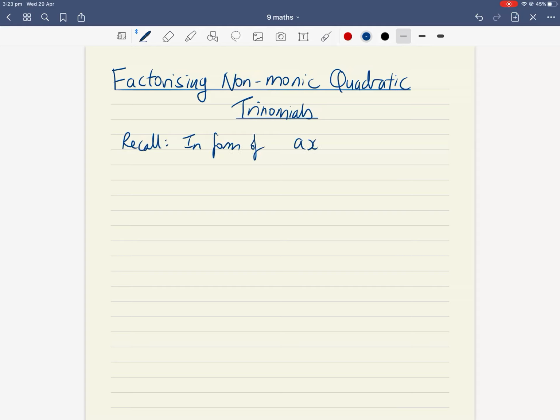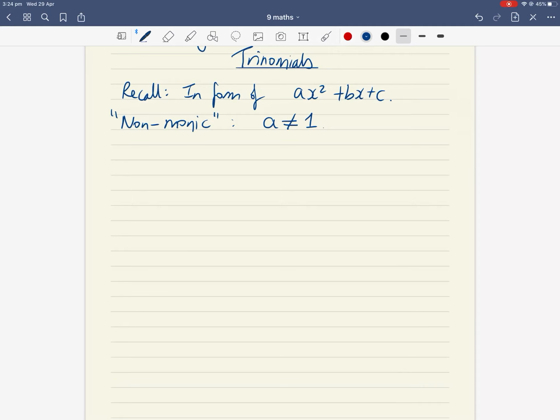So recall from yesterday, we have the form of ax squared plus bx plus c. The word non-monic means that your a value is not equal to 1, but some other number.